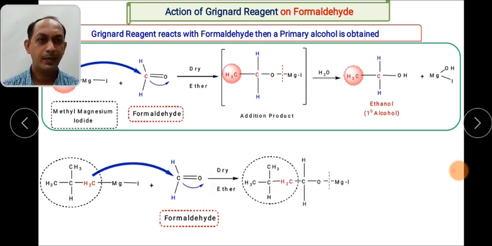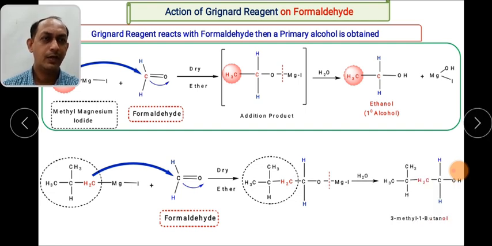You can clearly observe this particular group, which is coming from the Grignard reagent, is directly bonded to this carbonyl carbon. Once this addition product is formed, it will undergo the hydrolysis reaction and you will get this particular primary alcohol, right? This is a primary alcohol only because oxygen is attached to a CH2 group. So this is how we can see.